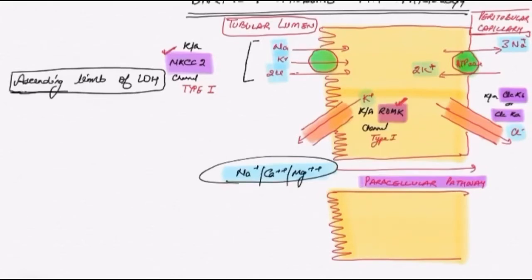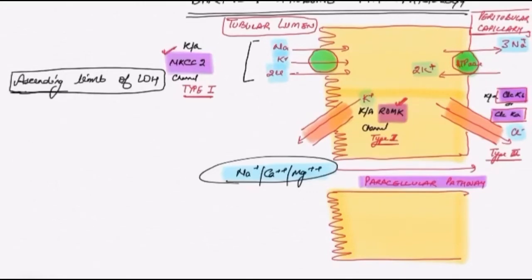And then there is the ClC-Kb or ClC-Ka channel, jointly represented by a single channel over here, and this is defective in type 3 Bartter. So in type 1 Bartter, the NKCC2 channel is defective. In type 2 Bartter, the ROMK channel is defective, and in type 3 Bartter, the ClC-Kb and Ka channels will be defective. So how is this all functioning?